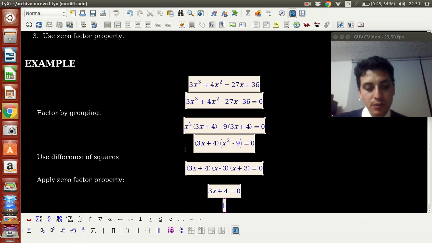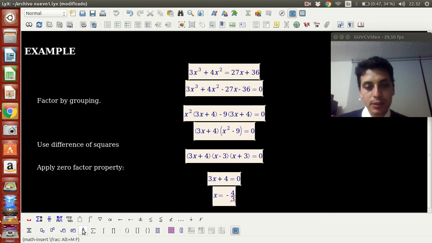If 3x plus 4 equals 0, x equals negative 4/3: subtract 4, then divide by 3. This is one option.